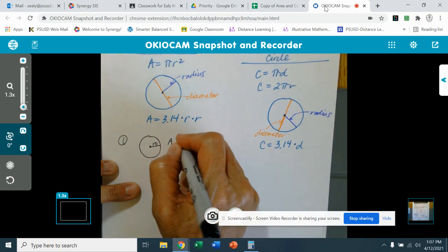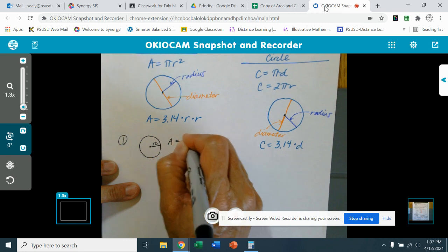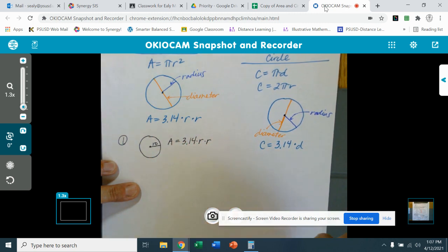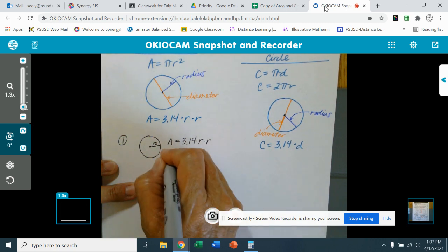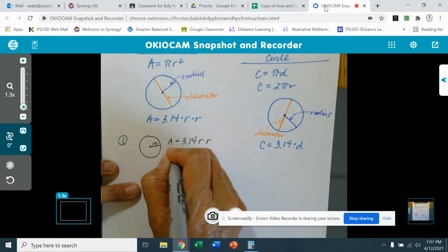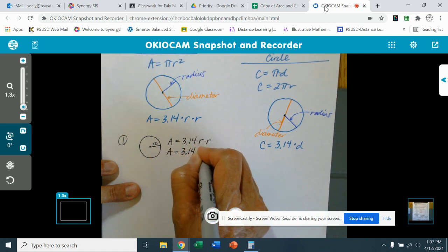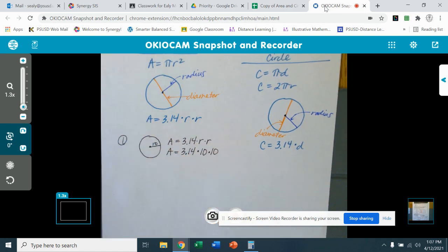Area is 3.14 times the radius times the radius. Okay, so I have a radius. Well, that makes this pretty easy. It's going to be 3.14 times 10 times 10. And that's what I'm going to put in my calculator, my handy dandy calculator.